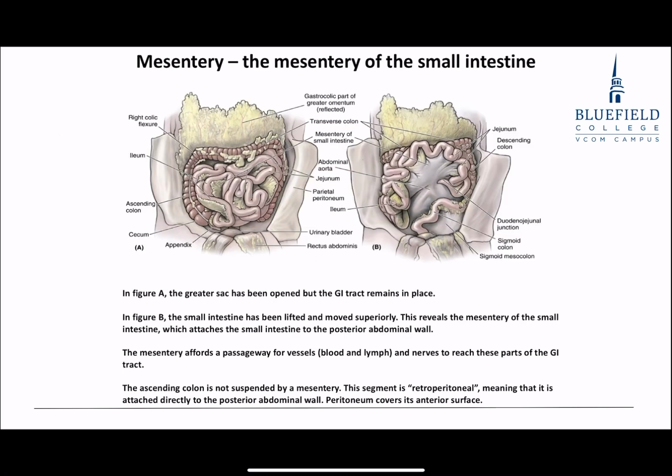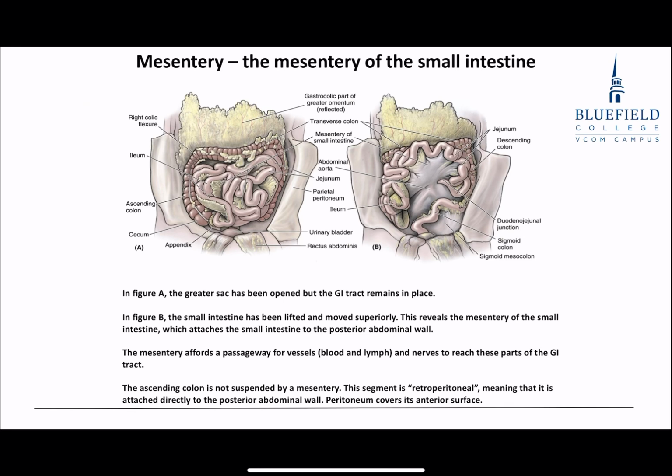We can move it, but it's still attached to the posterior abdominal wall by this big sheet of mesentery right here. This is what's called the mesentery proper. So the mesentery proper has a root that's attached to the posterior abdominal wall. It's right here. That area is about 6 inches long.